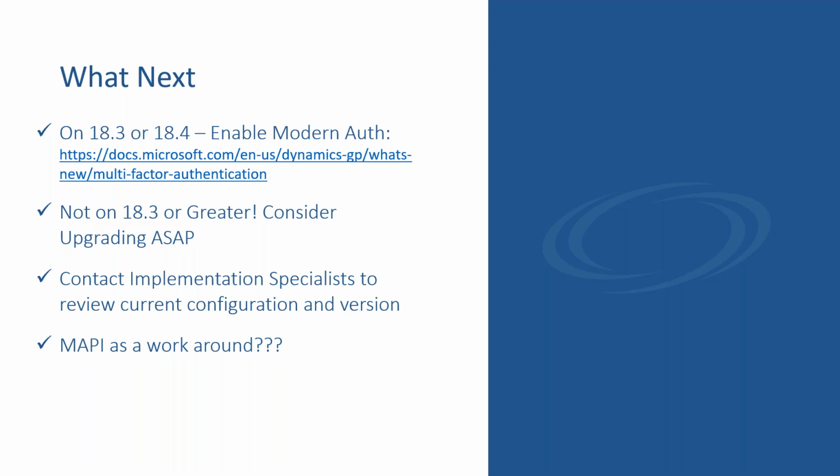And again, Terry, you can jump in anytime, and if you want to explain anything more as far as any of these items are. Yeah, so 18.3, 18.4, we'd love you to be on GP 18.4, but if you're just on GP 18.3, it's going to work for you.